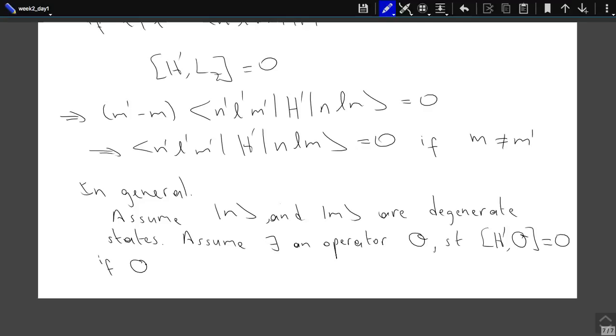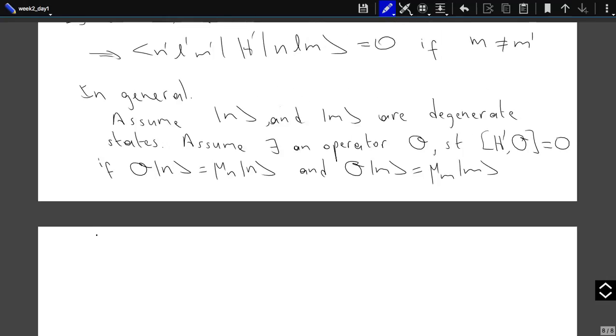If O acting on n gives mu n, and O acting on m is equal to mu m, that is, these degenerate states are also eigenstates of the O operator with different eigenvalues, then the matrix element of H prime between n and m is equal to 0 if mu m is different than mu n.